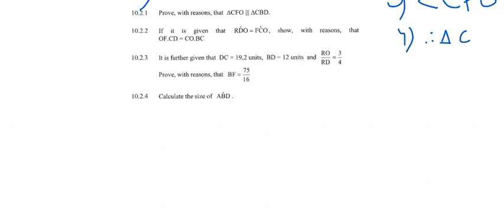Now, the second question: if we have RDO equals FCO, show with the reason that OF dot CD equals CO dot BC. As you can see, FO by BD equals CO by CD.